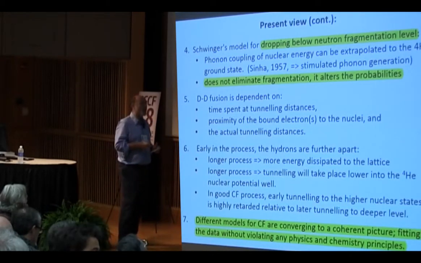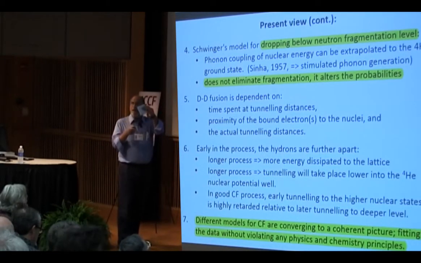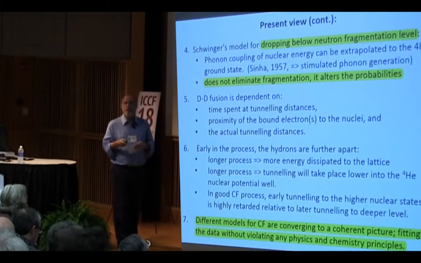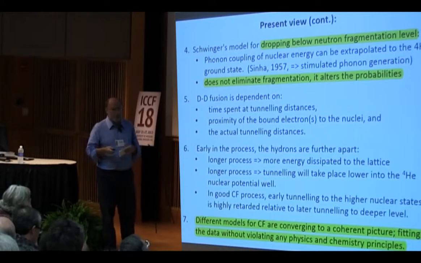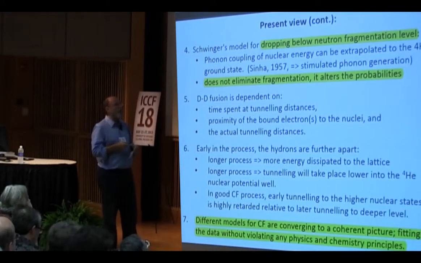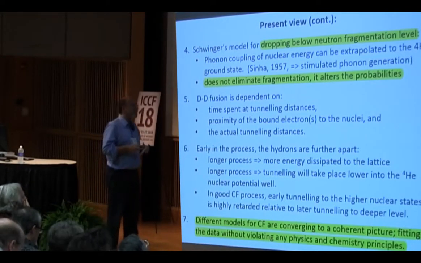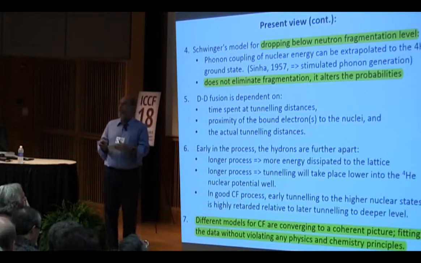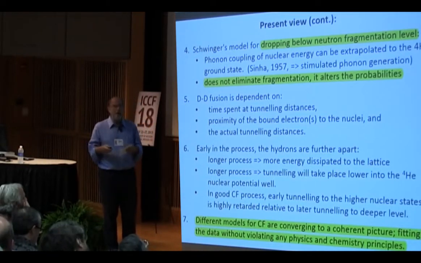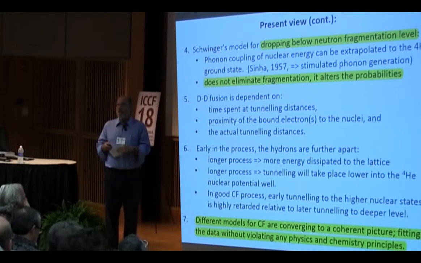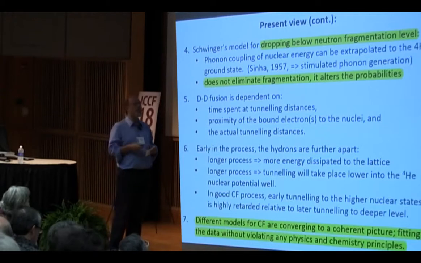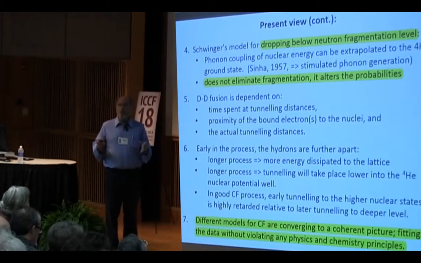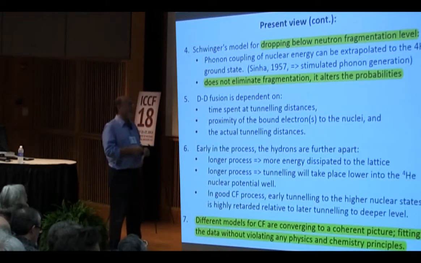It's just a low probability, but halfway down, you now have the fragmentation with the protons. So these are all possible, and they fit the data that's been seen. But if you try to enhance the nuclear products, you're actually going away from cold fusion. Cold fusion tries to eliminate that entirely.